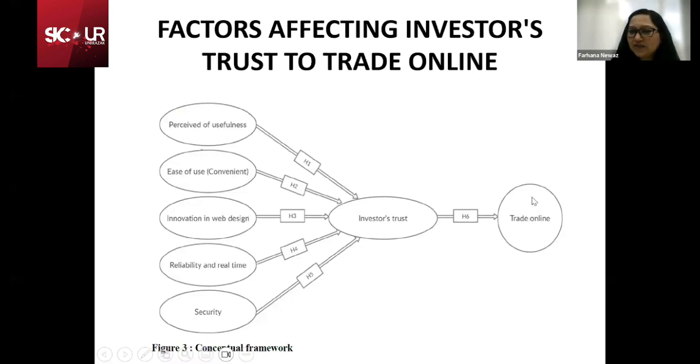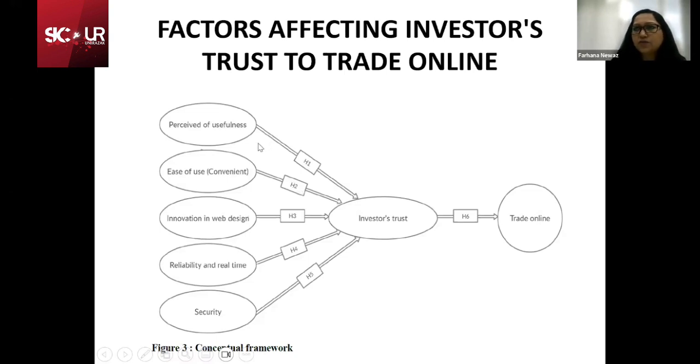Why? If you don't have the questionnaire or the measurement scale for this variable, then how are you going to test it? So make sure whatever variables you consider for your conceptual model, each and every variable has measurement items, or what we call a measurement scale, right?